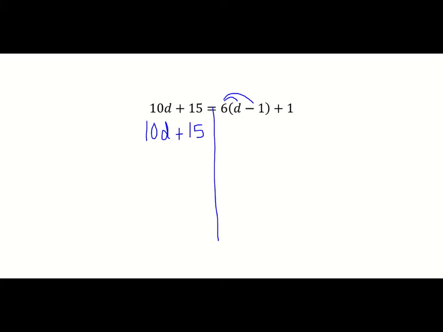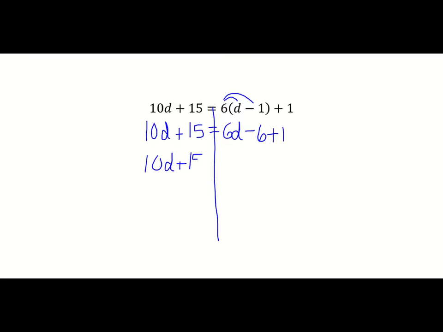So 6d would be 6 times d, and 6 times negative 1 would be minus 6. And then I'll drop down the plus 1 that was already there. At this point, on the left-hand side, there's still nothing that I can do yet. So I'm just going to drop down 10d plus 15 because these are not like terms.